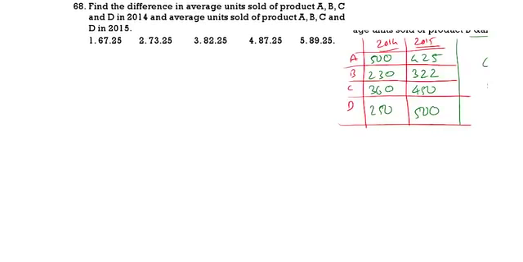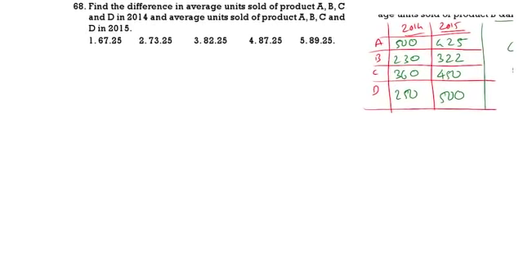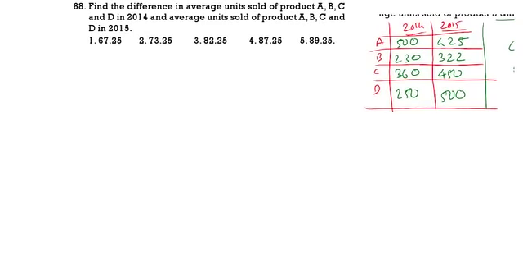Find the difference of units sold of ABCD in 14 and the average of ABCD in 15. So ABCD in 2014 is 500 plus 230 plus 360 plus 250, that is equal to 1340.